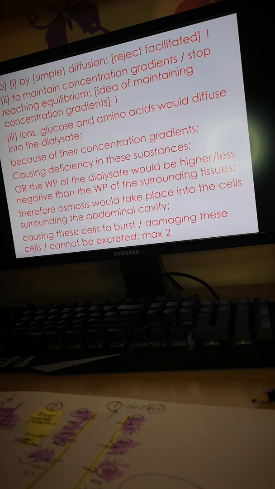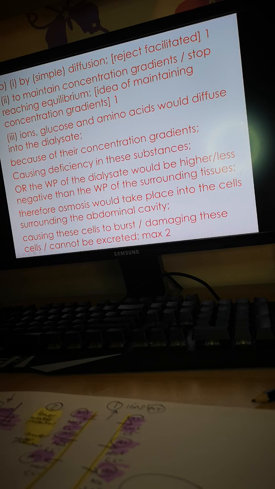Okay, so what they're looking for is this idea that the ions, the glucose, the amino acids would diffuse out into the bag if you use distilled water, because they would be moving down a concentration gradient, so into the distilled water, because of course they would be higher in the blood than the distilled water. Okay, and that could then cause a deficiency in those substances. So that was one reason.